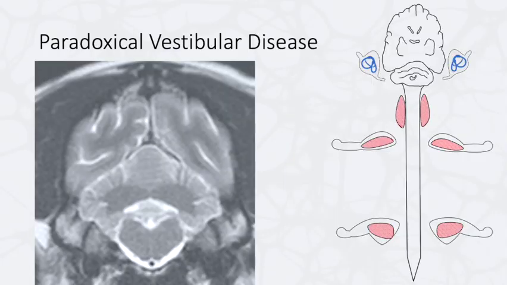So a main reason I talk about the cerebellum with vestibular disease is a condition known as paradoxical vestibular disease. Again, we said that the vestibular system is going to be comprised of that vestibular nucleus and also the vestibulocerebellum, or the flocculonodular lobe. So the main purpose of the cerebellum is inhibitory.